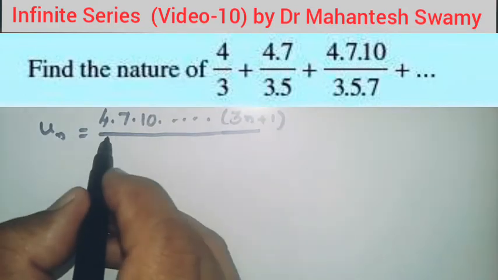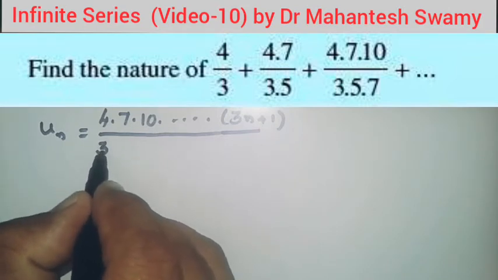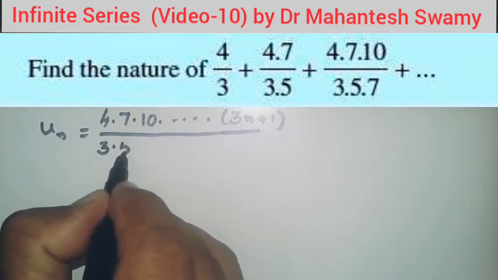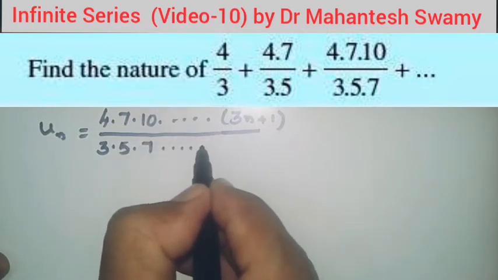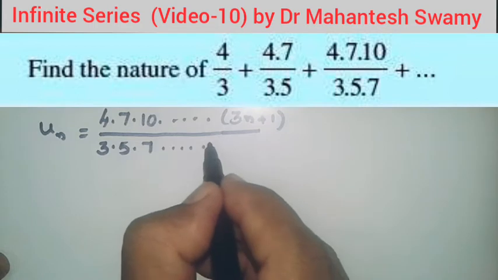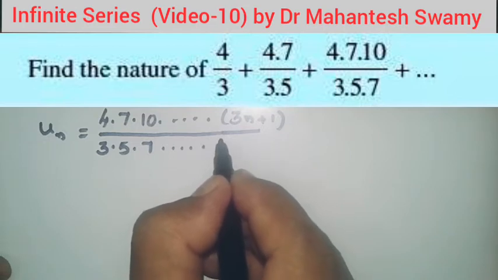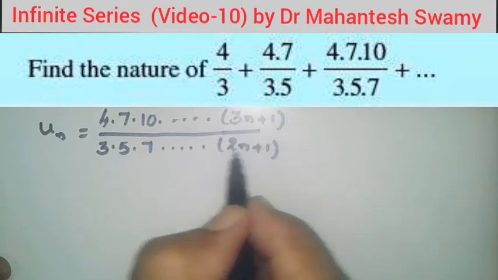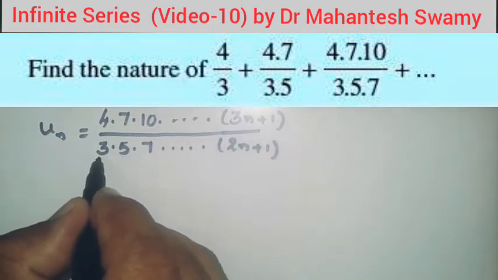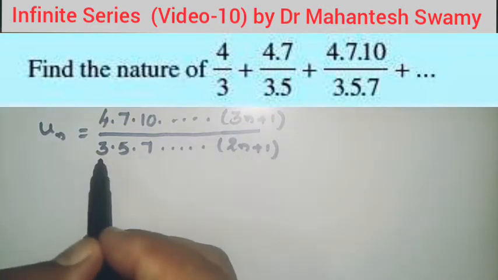And similarly, what should be there in the denominator? Start with 3. Look at the terms: they are the odd numbers 3, 5, 7. We know that the odd number representation is either 2n plus 1 or 2n minus 1. Here we should take 2n plus 1 because the first term is 3. When n is equal to 1, 2n plus 1 gives us 3.